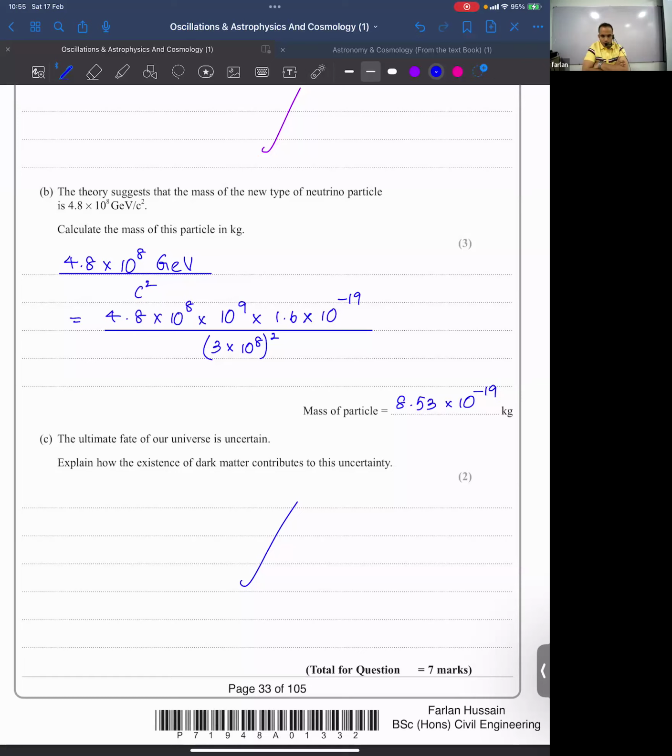Due to the existence of dark matter, the mean density of the universe is uncertain.